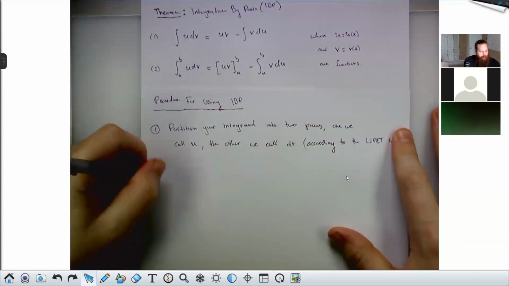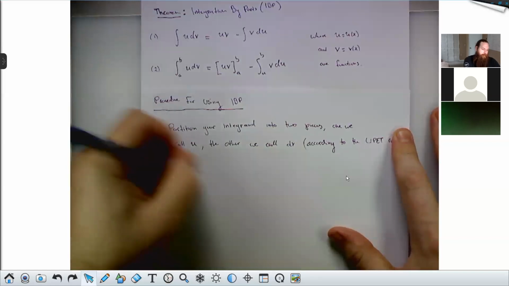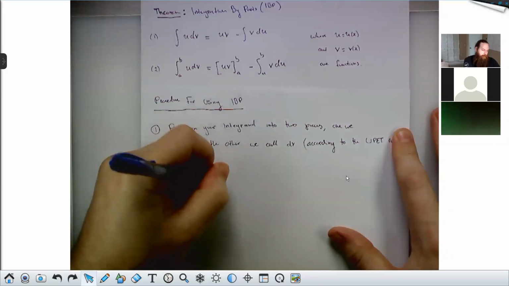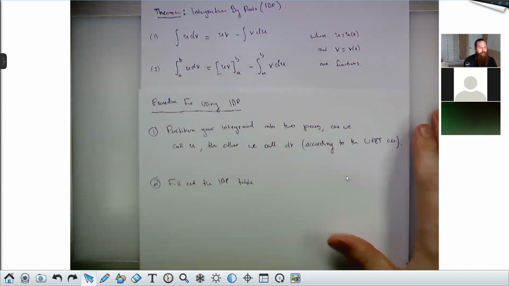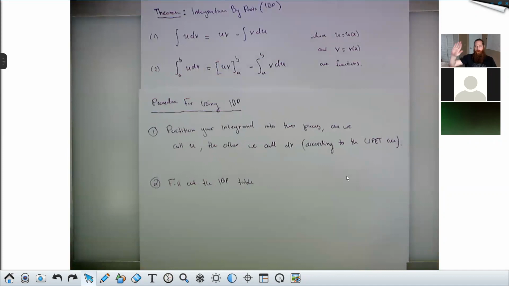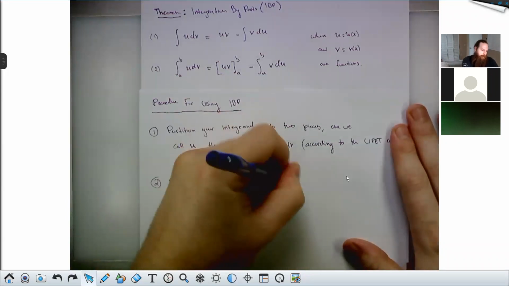Then you fill out your IBP table. That's the thing that you saw in that last problem where I had u, dv, du, and v, right? That little table, and plug into the formula.